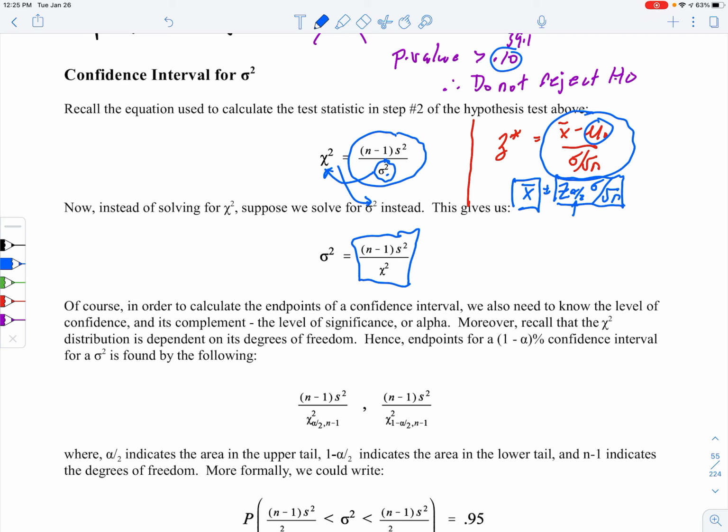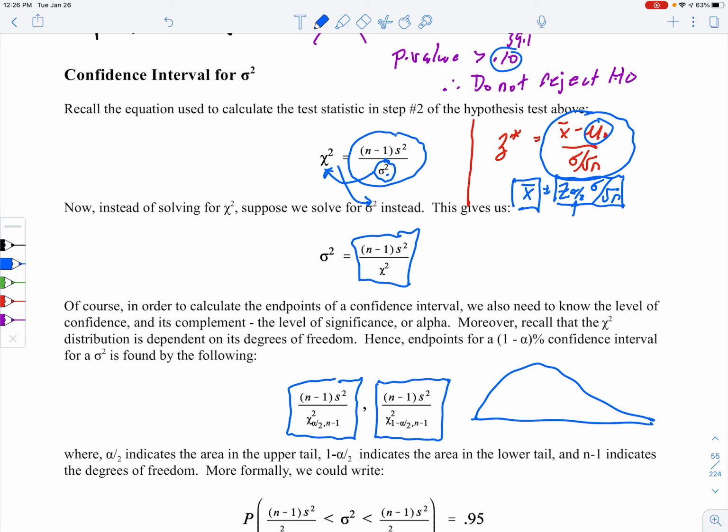It's not the equivalent of an s squared plus or minus a margin of error, where the margin of error is the same on both sides, because it's not a symmetric distribution. Remember, a chi-square distribution is skewed. And so you actually have to calculate two different values here.